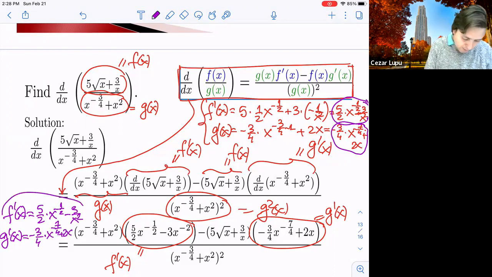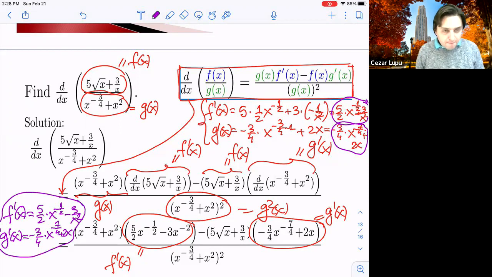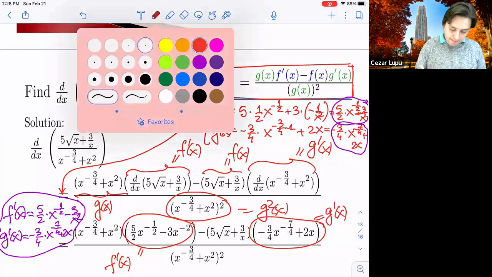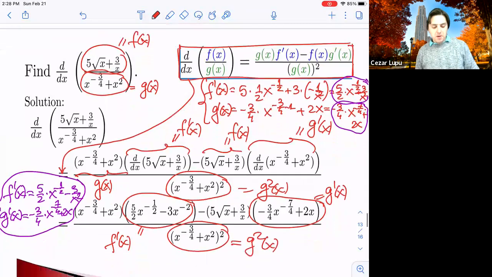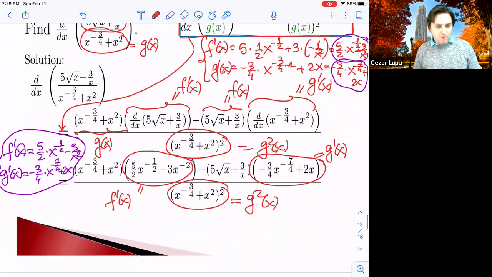So these are the two functions. You see them here, right? And this is g prime and f prime. And of course, here we have g squared of x, as you see it here. And now it's just algebra, and I don't want to do it. It's a mess.